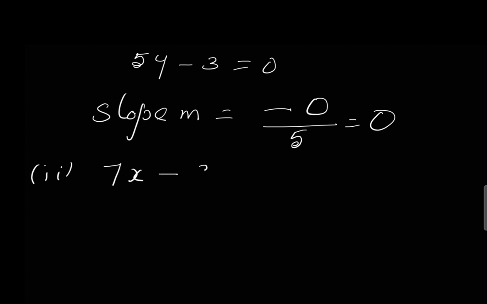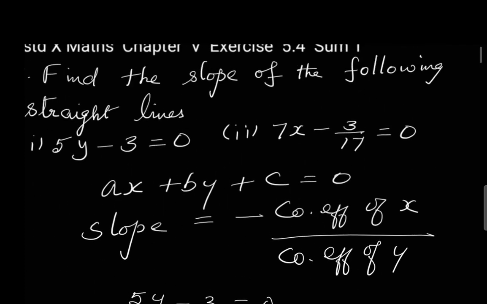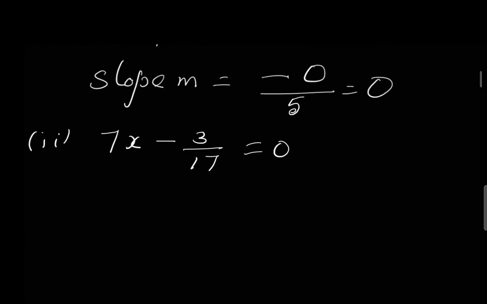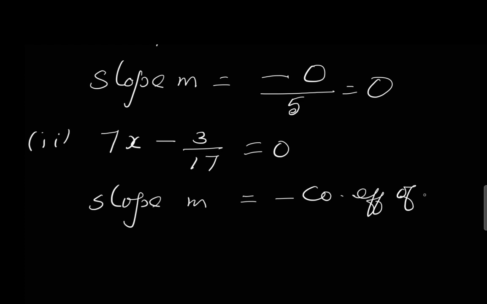Second sum: 7x minus 3 by 17 equal to 0. Slope m is equal to minus coefficient of x divided by coefficient of y.